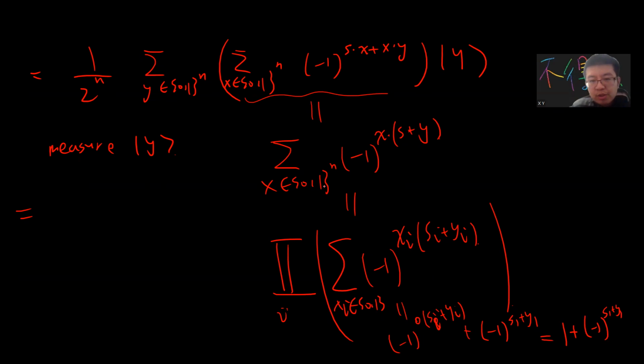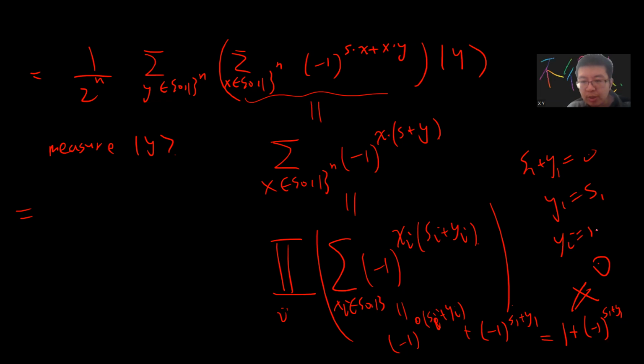And in order for this sum to be non-zero, since it's a product, for each i this term must be non-zero. And in order for this to be non-zero, si plus yi must be 0. Notice that we are in F2, so this means that yi must be equal to si.